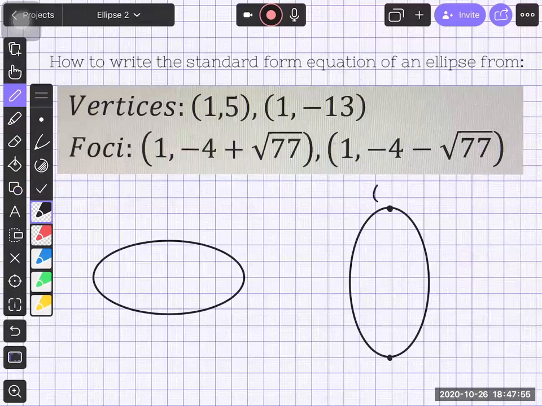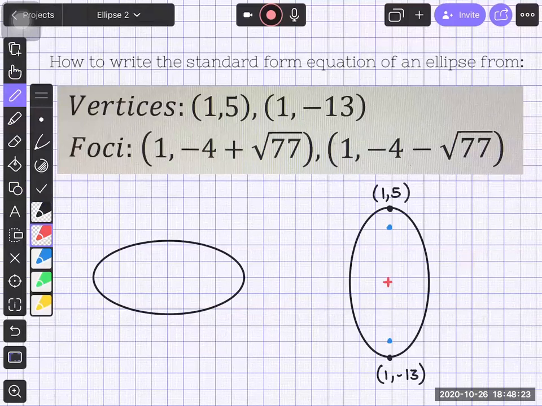So let's call this (1, 5), and this will be (1, -13). Now, the next information they give us are the foci. The foci will be around here. That's extra information. We know that the center is around here.